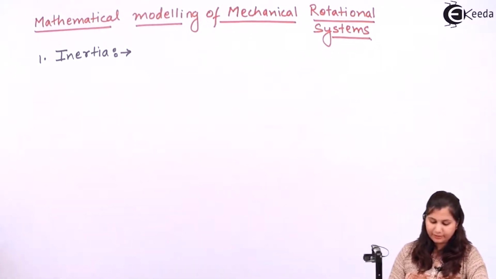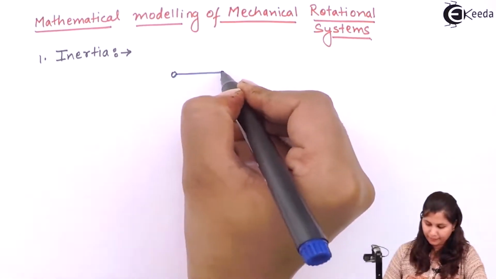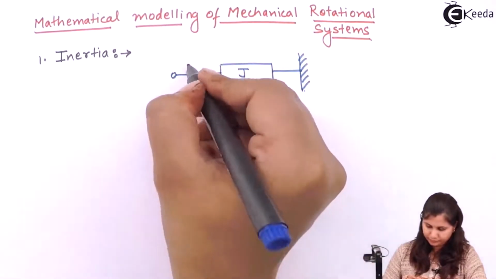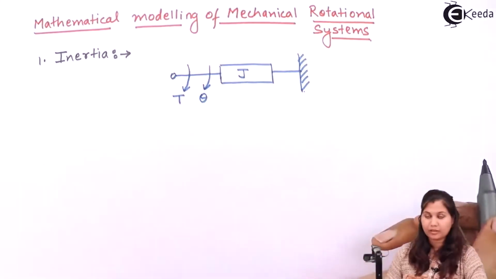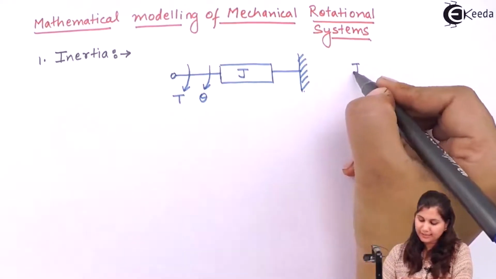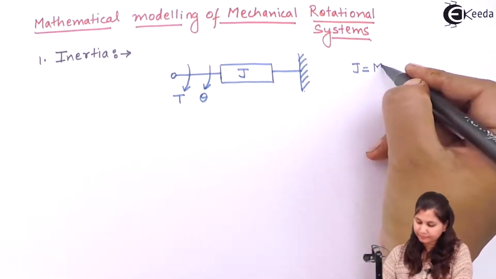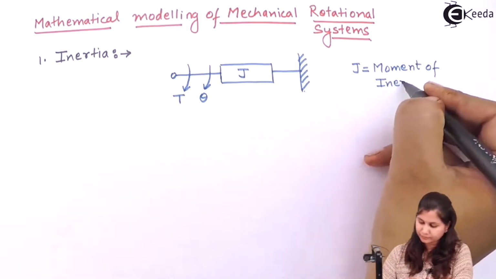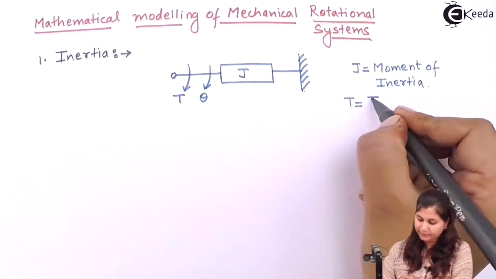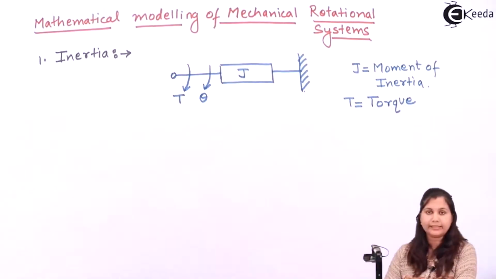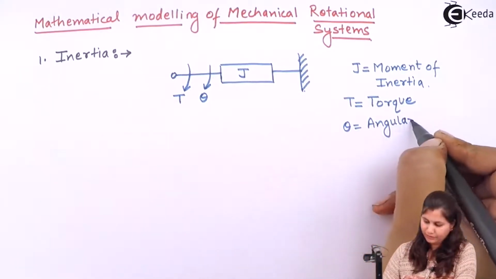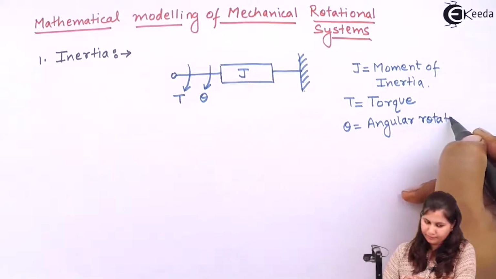This inertia is represented by this symbol, this is how we represent the element inertia, and here J is the moment of inertia, T is the torque which is applied on this element, and theta is the angular displacement, or we can say the angular rotation.